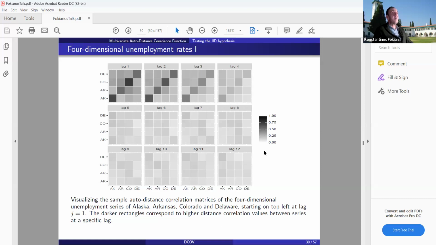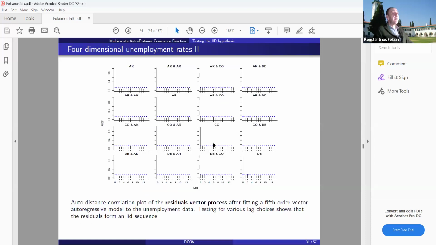The darker, the more dependence. So this is lag 1, lag 2, lag 3, lag 4. Each one of these lags is a matrix. So you see there is some kind of dependence up to lag 4, and then it becomes grayer, which means that the dependence reduces.